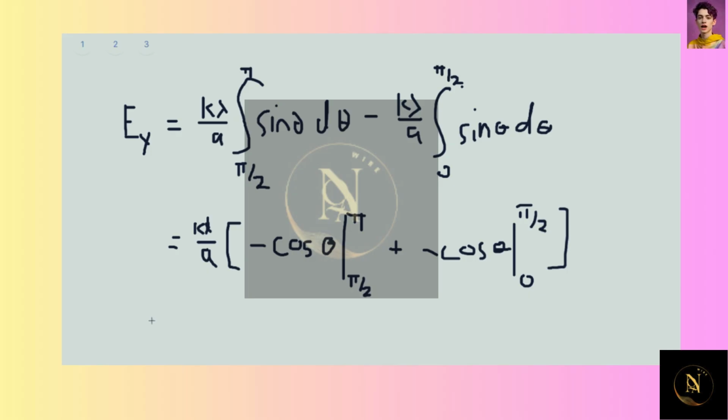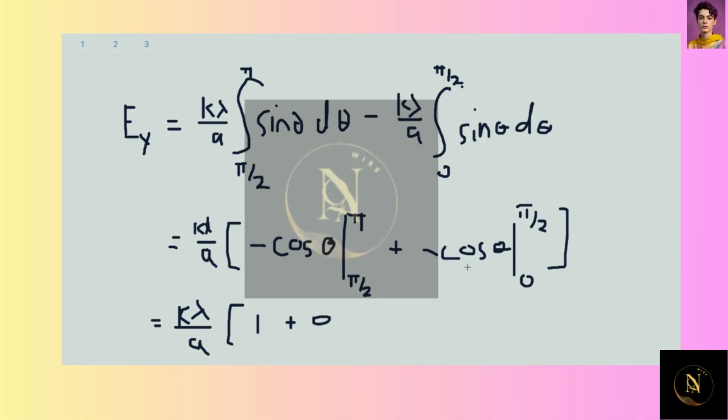Okay, so now let's do that again, real quick. We have k lambda over a, just like I said before, so this is minus cosine of pi. That's going to be minus minus 1, so just a positive 1. Cosine of pi over 2 is 0, so we don't need to worry about that. Plus minus cosine of pi over 2 is 0.